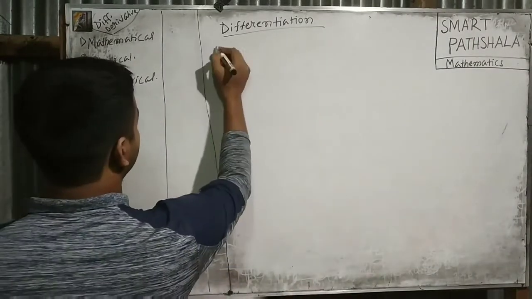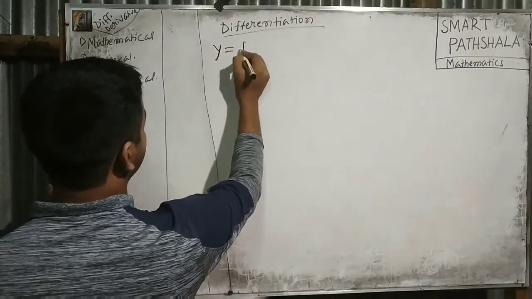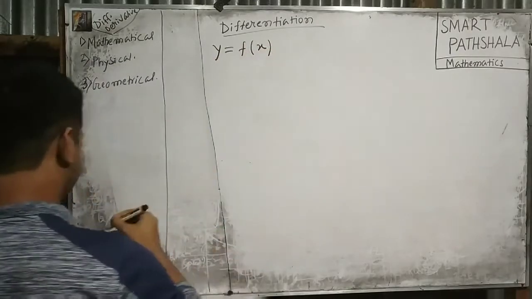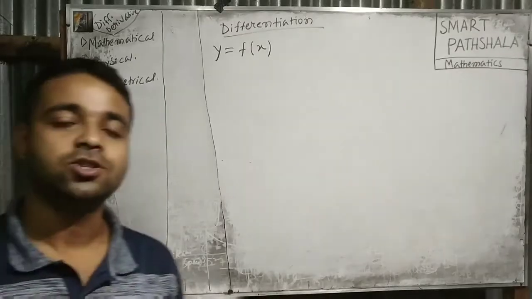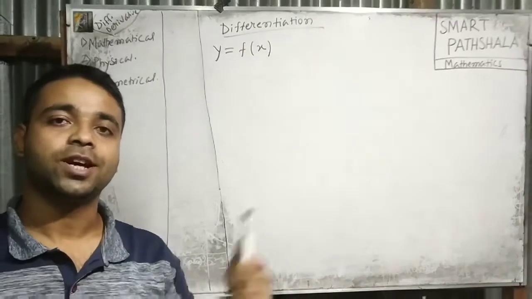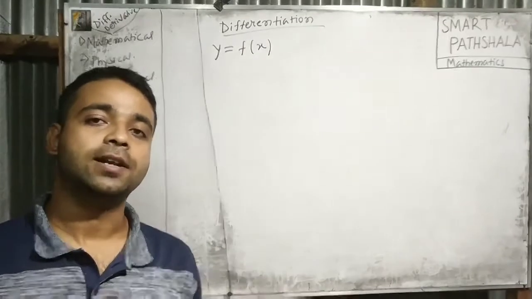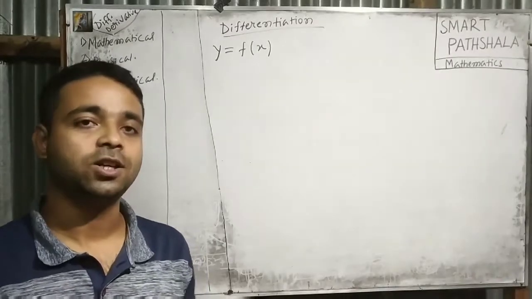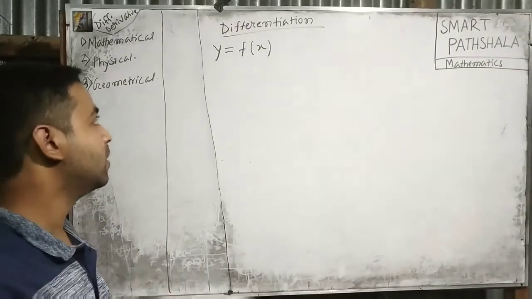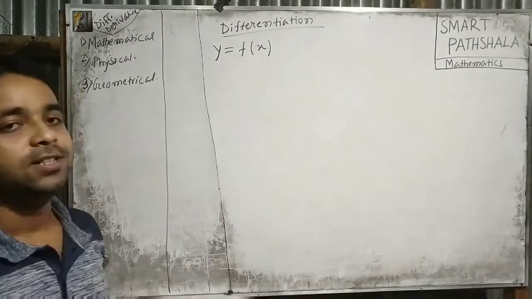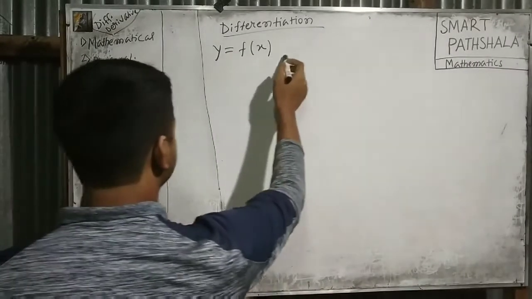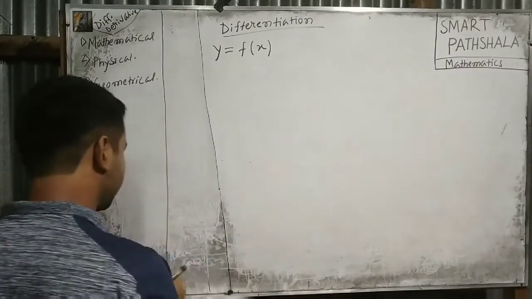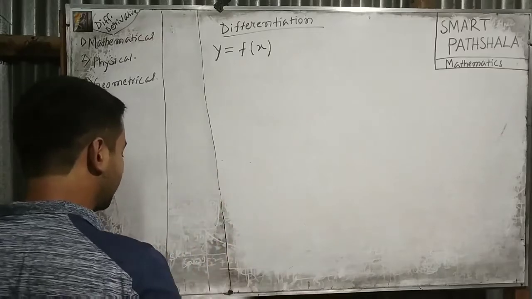Now, suppose we have a function y is equal to f of x. Right? Before this video, I urge every one of you to check my videos on continuity and differentiability, because when a function is continuous and differentiable, then only it can be used in this chapter, right? So let's suppose y is equal to f of x be a function, right?